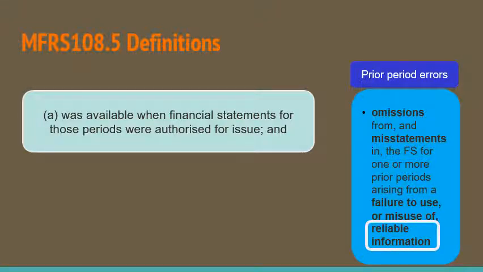Thus, in this case, the reliable information will only be considered if it was available before that cutoff point, because only then we can say that the error occurred for that financial year 2020, for example. Otherwise, the information is not relevant for that financial year and should only be considered in the subsequent financial year of 2021.